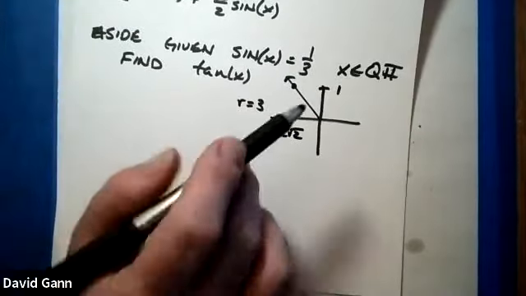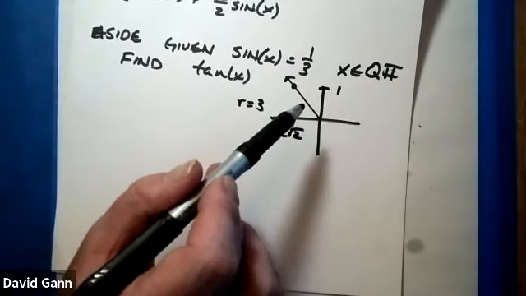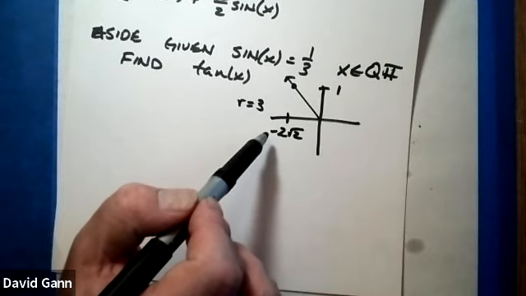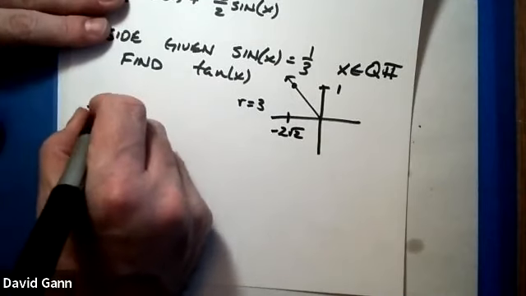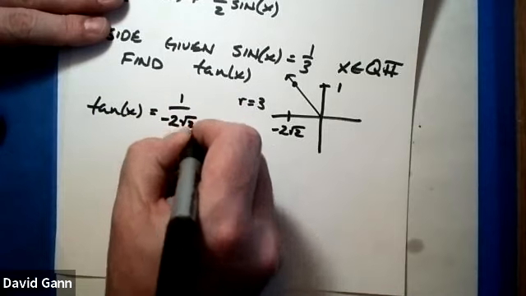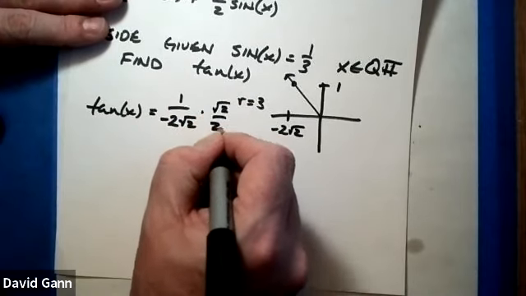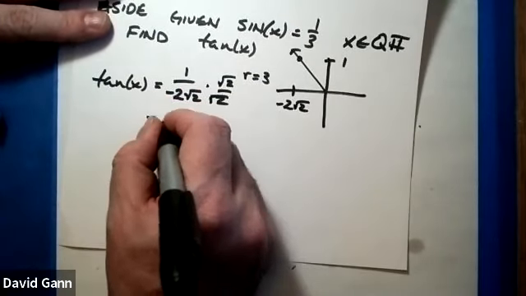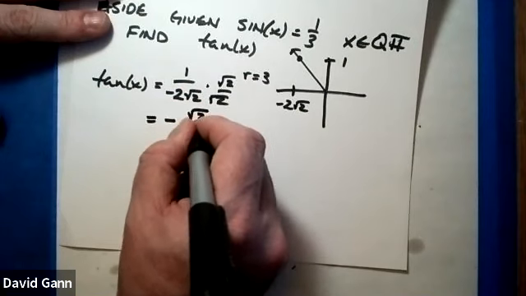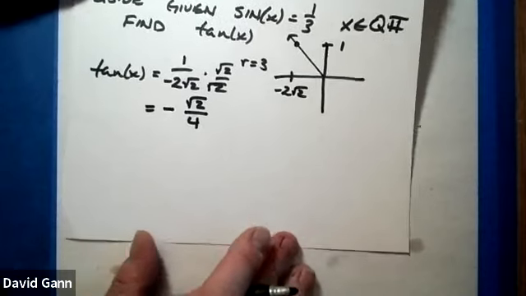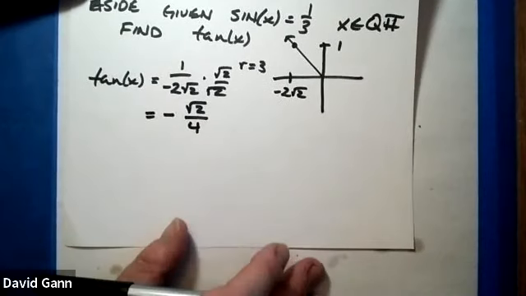And if you wanted the tangent, the tangent is going to be 1 over negative 2 root 2. Simplifying, multiply by root 2 over root 2, and I believe we end up with negative square root of 2 over 4. So this is kind of a repeat of where we were a while back.